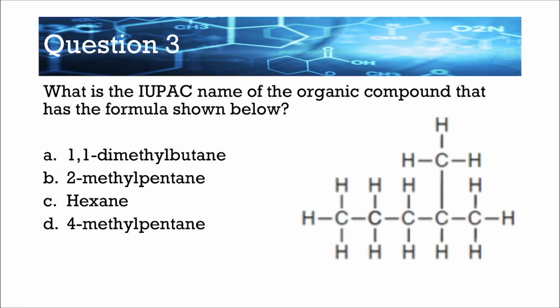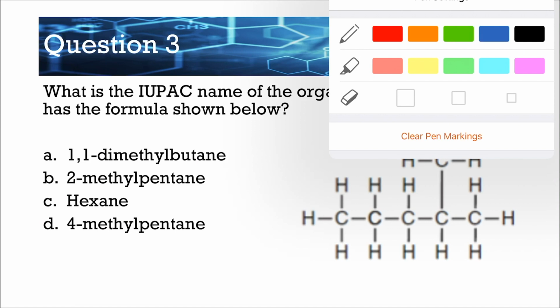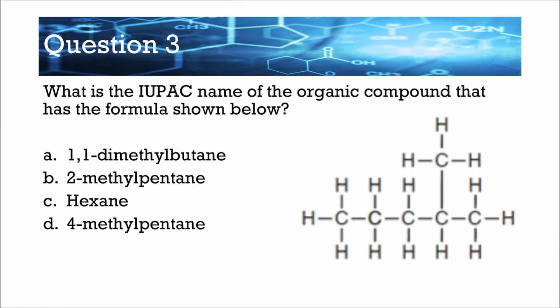Number 3 says what is the IUPAC name for the organic compound that has this formula. So this is our branch. One of the first things you want to do is find the longest chain. If I highlight this in blue, that's a 5-carbon chain. Let's check out the other options.